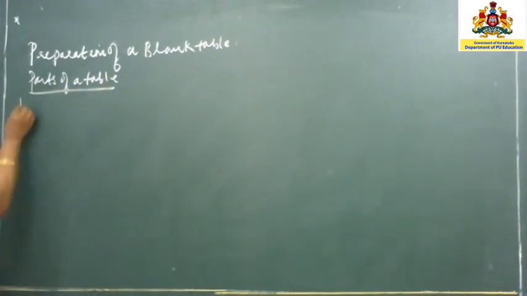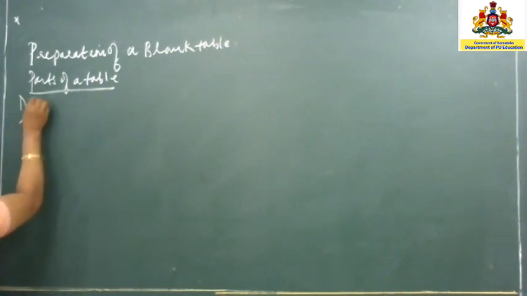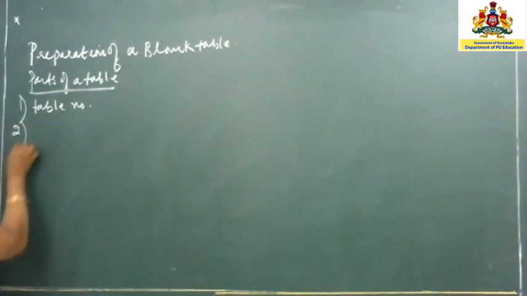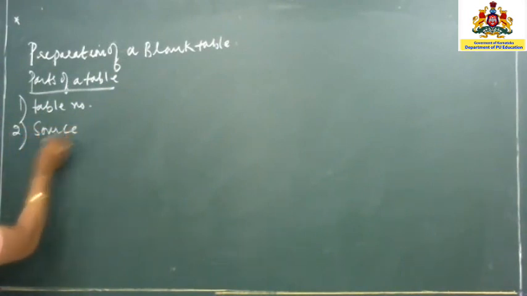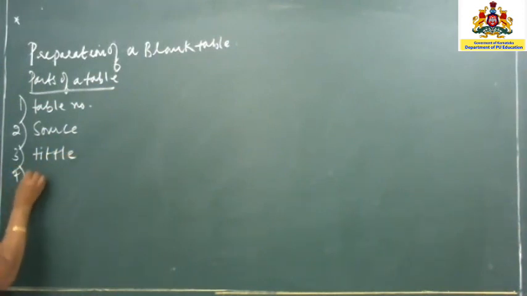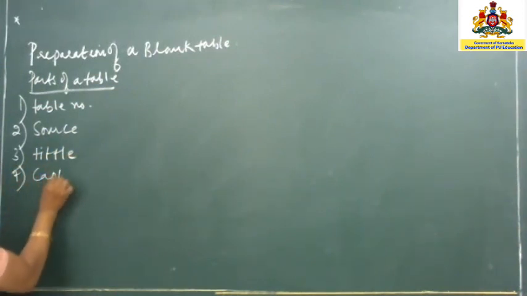Okay. The first part is there should be a table number. The second one you have what is called the source. Third one you have title. Fourth you have the captions.